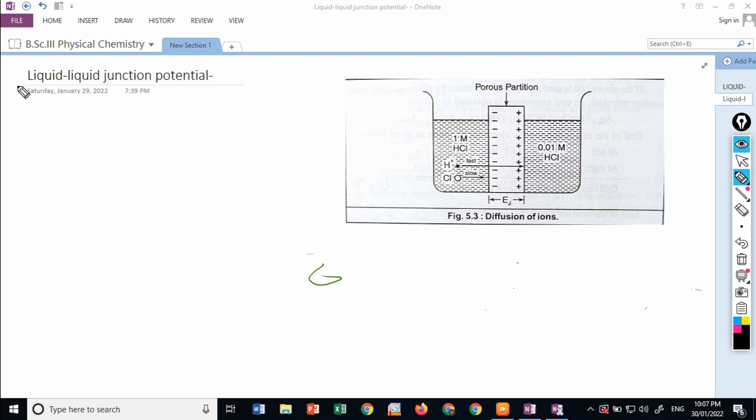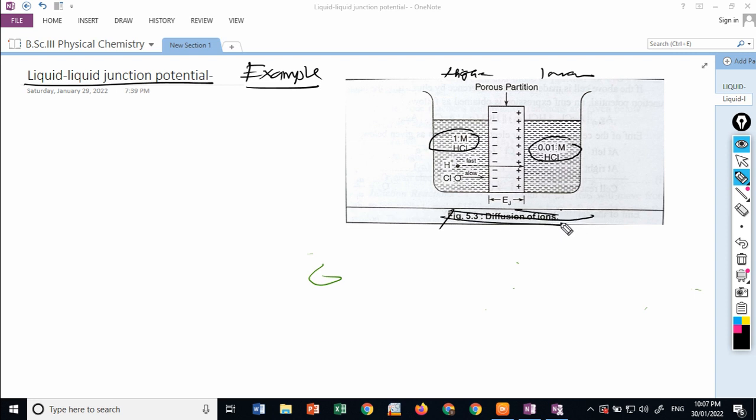Here is one example of liquid junction potential. In the diagram we have taken 1 molar HCl and 0.01 molar HCl. This is the higher concentrated solution and this is the lower concentrated solution. This diagram represents the diffusion of ions, showing the liquid junction potential between 1 molar HCl and 0.01 molar HCl.